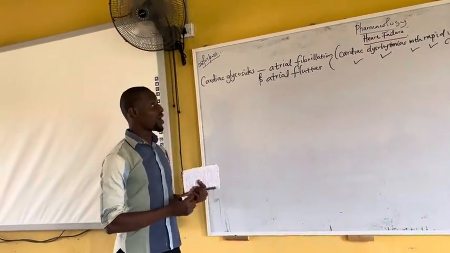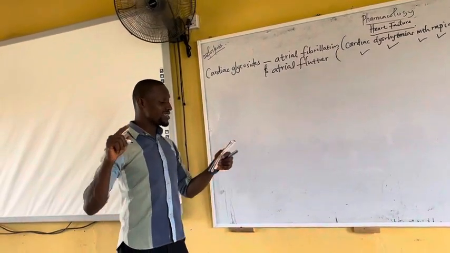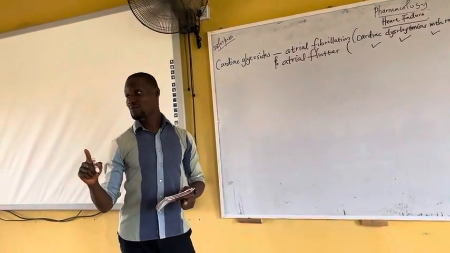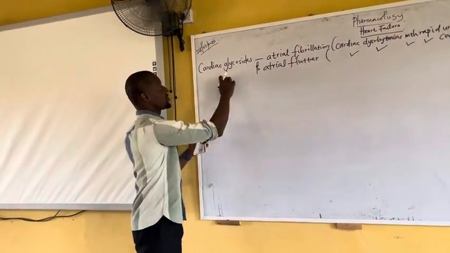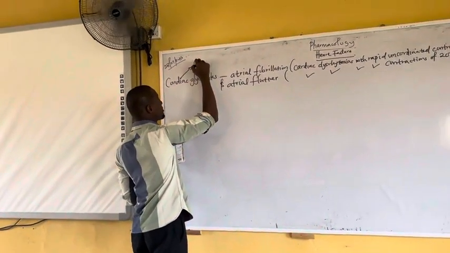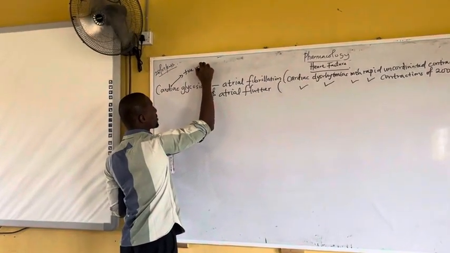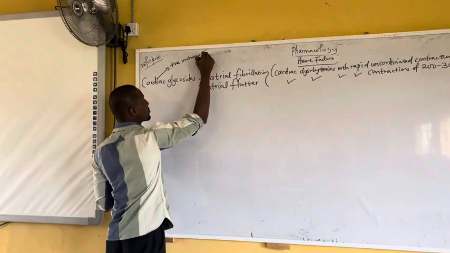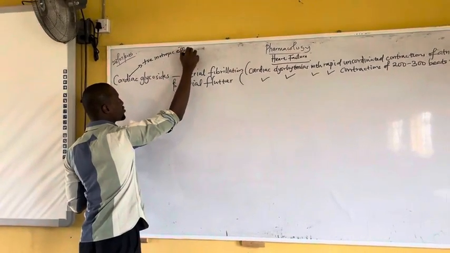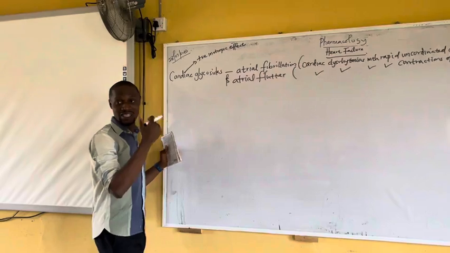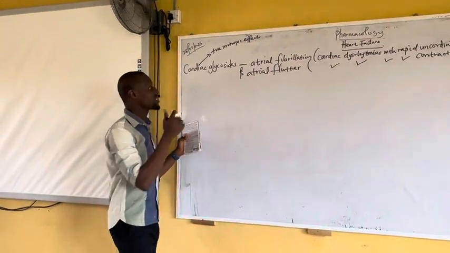Why is it possible? Why can we do this? Because of the negative chronotropic effect and negative dromotropic effect of this. Besides this, they have a positive inotropic effect. This is one of the things we need for heart failure. The heart should beat stronger, right?